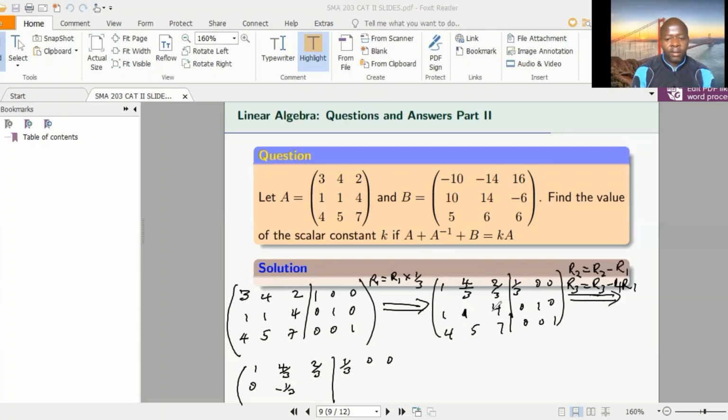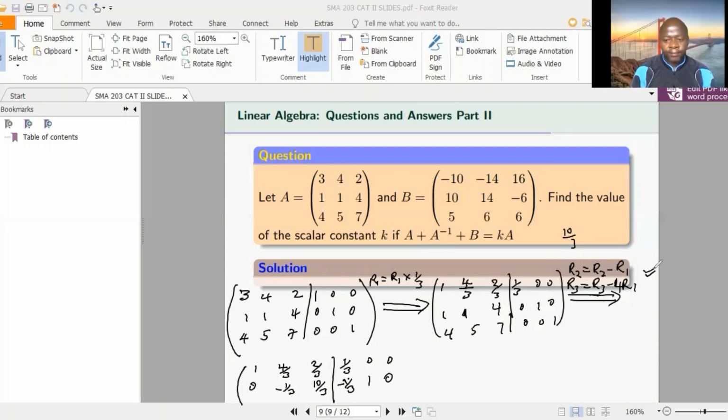And then this 4 minus 2 out of 3 is the same as 10 out of 3. And then this minus a third is negative a third. And then this is 1, 0. Now I think you can see, and if you cannot see, you can at least know what you're supposed to be doing.